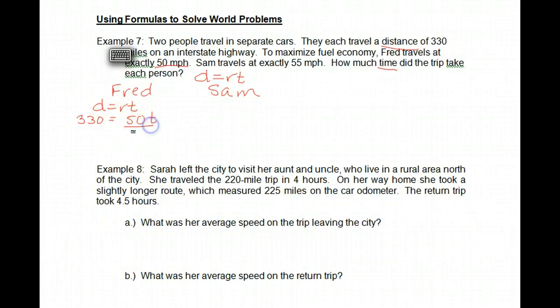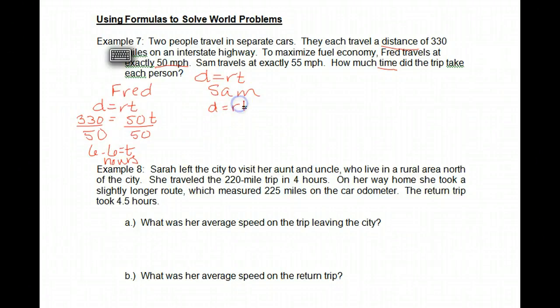We will divide both sides by 50. 330 divided by 50 gives us 6.6. So that tells us that his time was 6.6 hours. We'll just hold on to that number for a minute. And now we'll talk about Sam.